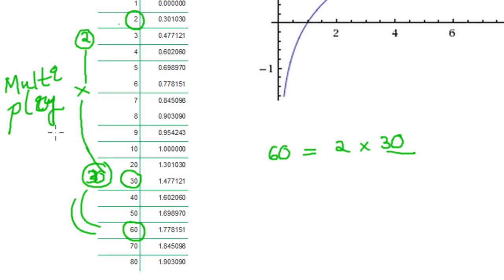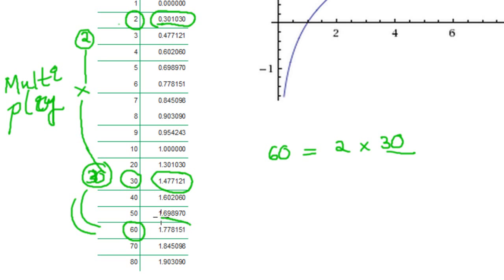Okay. Now, what is the relation between the logarithms of these three numbers? Where is log 2? This is the value of log 2. Now, what about log 30? This is the value of log 30. Now, what is the logarithm of 60?